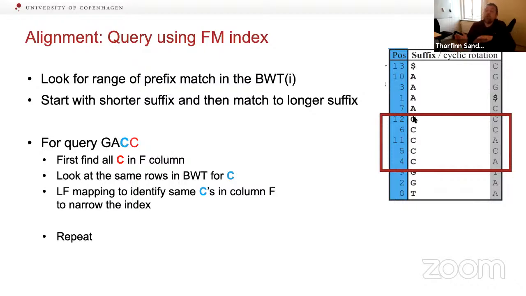And then when we do the query, we do it from the back of the read. And so we want to figure out what precedes our C. In this case, we're looking for another C. So if we wanted to see what came before this C, we would go to the Burrows-Wheeler transform to figure out what came before. So here we are searching for 2 C's.